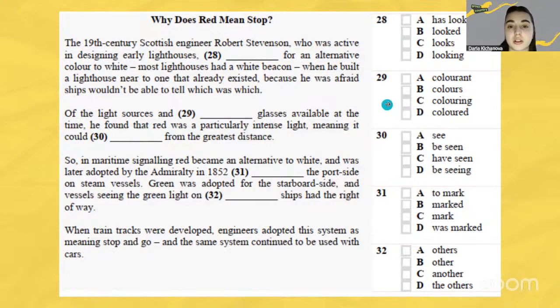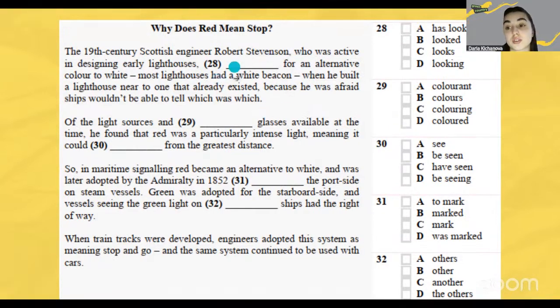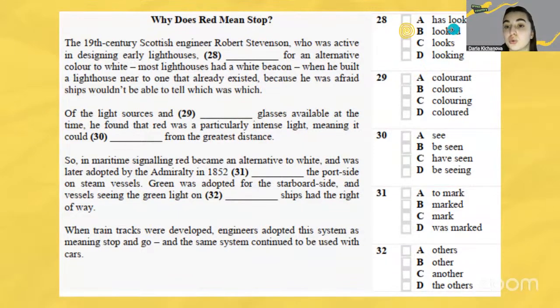Here we are talking about the engineer. We are paying attention to the tense that we use. And here we have had built. So we are talking about the past. So we can't choose looks, we can't choose looking. So we choose looked.